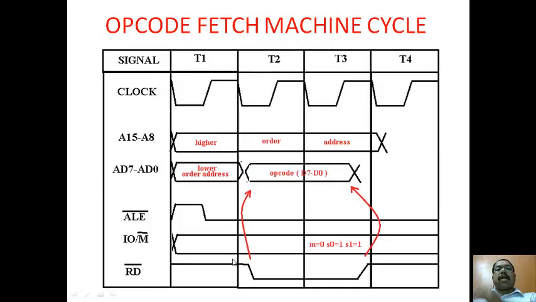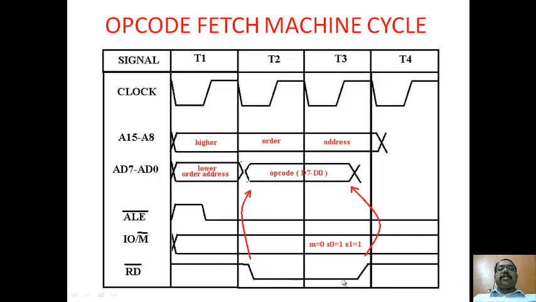Again, now we are not reading anything, so this will be active high. For the next clock pulse, what happens is, the higher order address won't have any change because it is only meant for address. So till the last T state, the higher order address will remain as the address. Whereas see, lower order address lines are converted into data lines. Now it has an opcode. Now this opcode has to be read from the memory to the microprocessor.